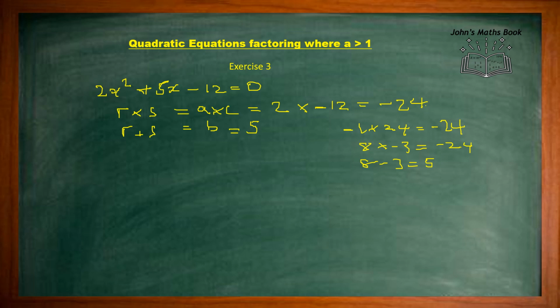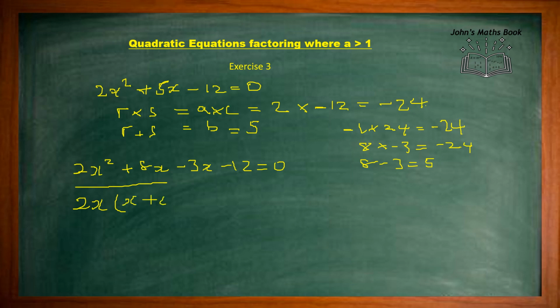So let's rewrite the quadratic equation and split the middle term. So we've got 2x squared plus 8x minus 3x minus 12 equals 0. If we work on this part first, we can take 2x out, giving 2x multiplied by the bracket x plus 4.